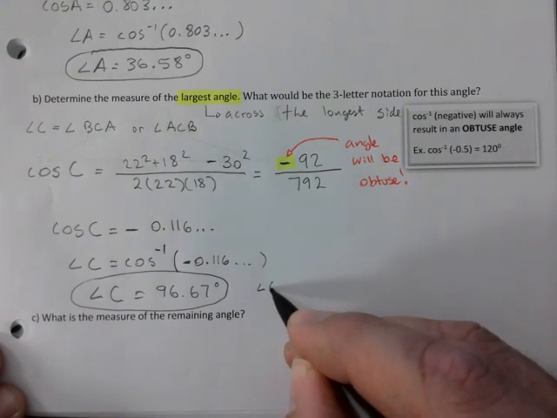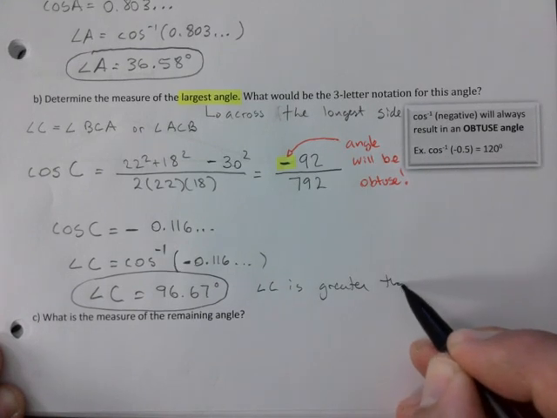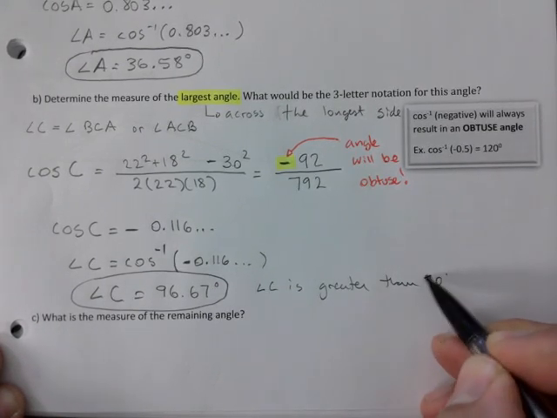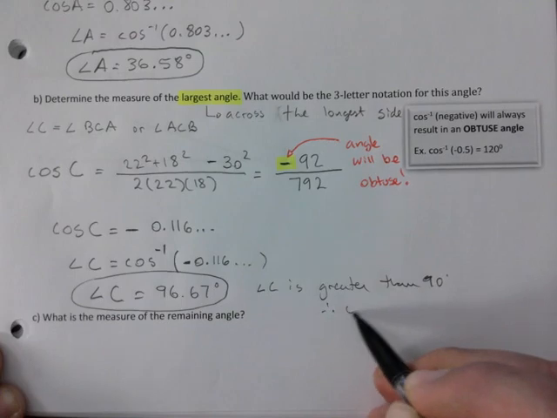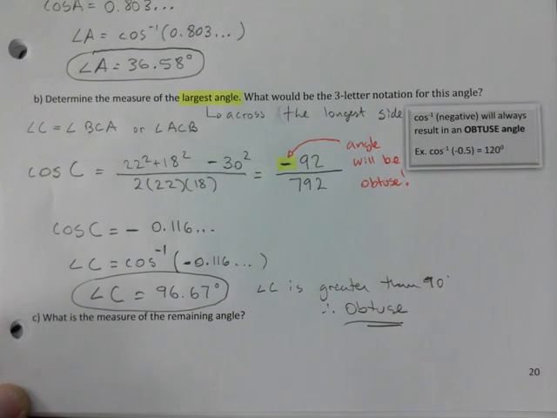Angle C is greater than 90. Therefore obtuse, right? So we knew that already, but now it's confirmed.